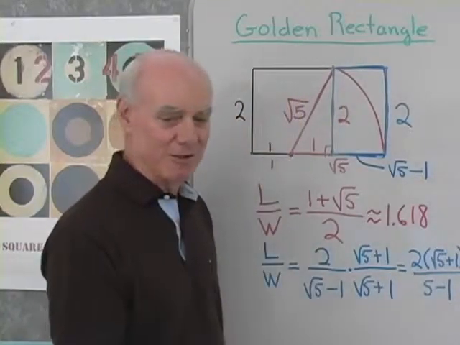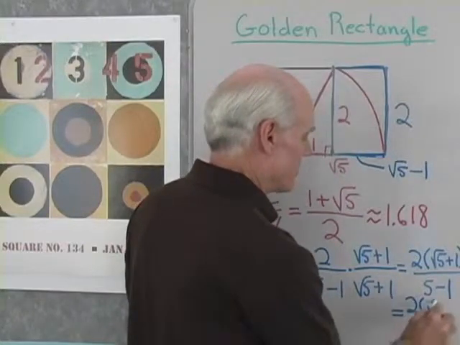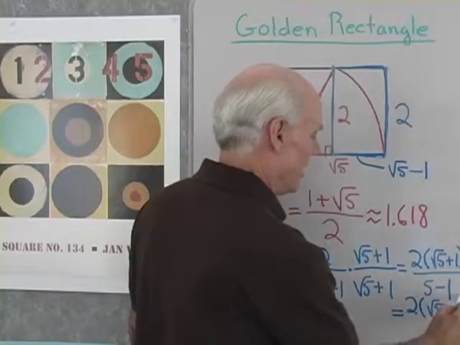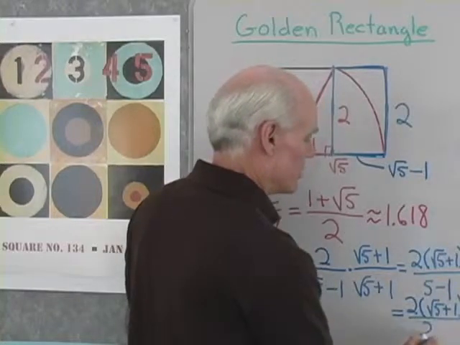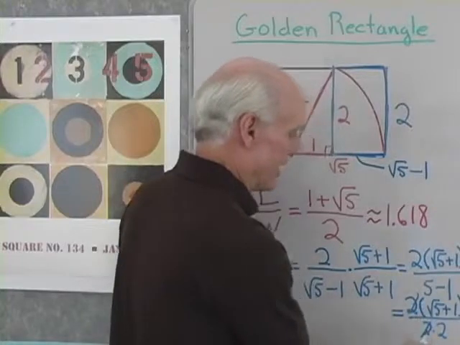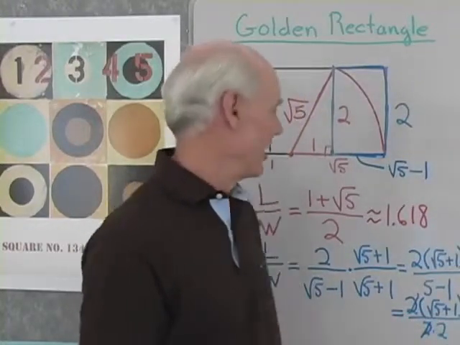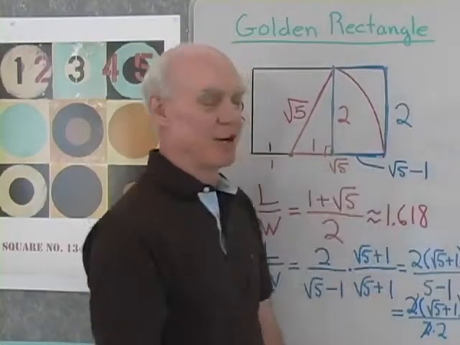Let's see if I'm going to have enough room right here. And that comes out to be 2 times square root 5 plus 1, all divided by 4, which is 2 times 2. And that means that these 2's divide out, and I end up with 1 plus square root 5 over 2 for the ratio of length to width in this little rectangle right here.